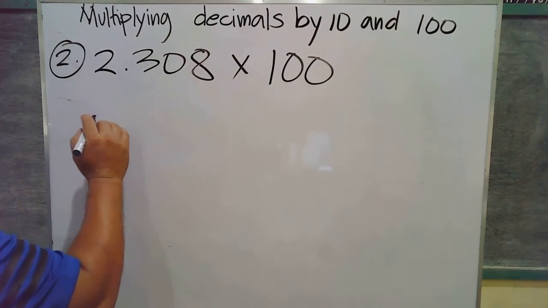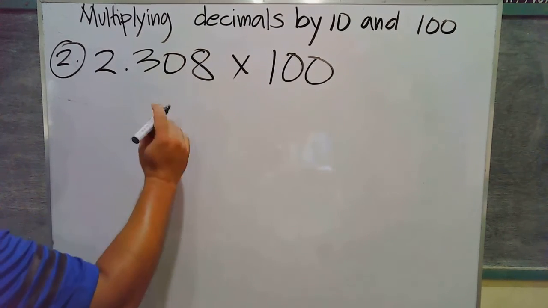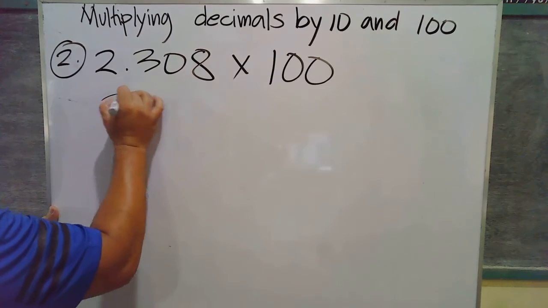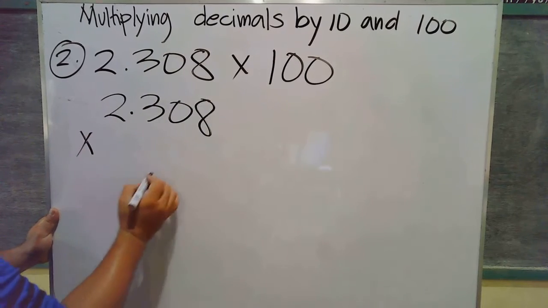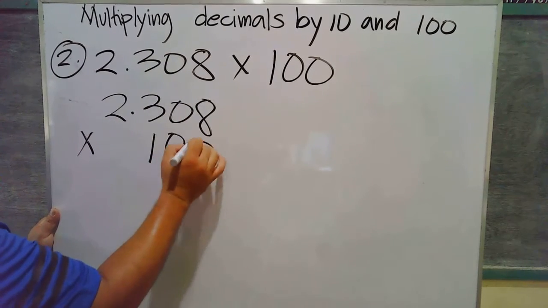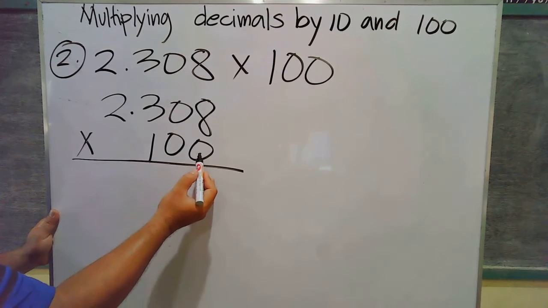So in our previous lesson, let's copy this: 2.308 multiplied by 100. If you're going to multiply this, let's start from 0 here.